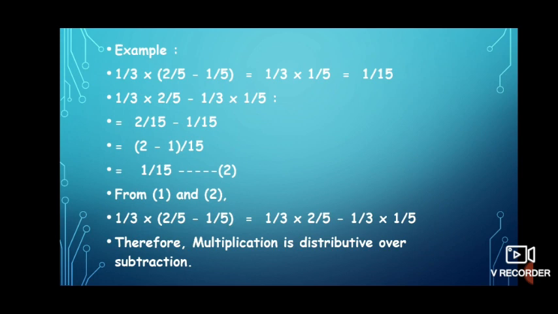The first term is 2 by 15 minus 1 by 15, that is 2 minus 1, 1 by 15. We can observe that the right hand side gives 1 by 15 and the left hand side also gives 1 by 15. So it is satisfying. This is called the distributive property of multiplication over subtraction.